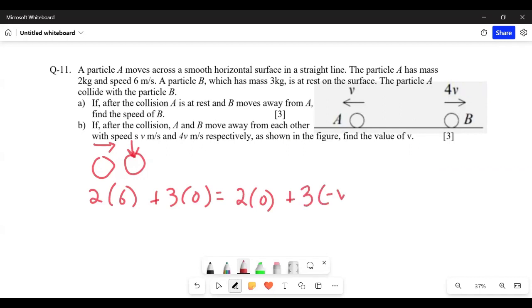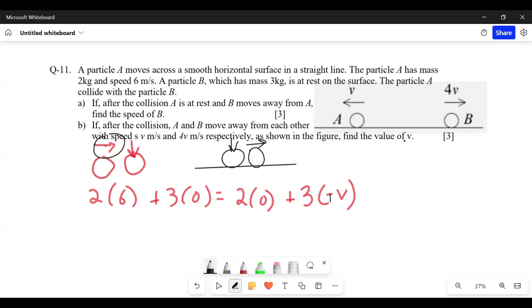So 3 times negative V. And find the value of this V. Hold on. No, it's still moving in the same direction. I'm sorry. So if after collision A comes to rest, this one stops, and B moves in the direction of A, where A was moving earlier. So it should be plus V.